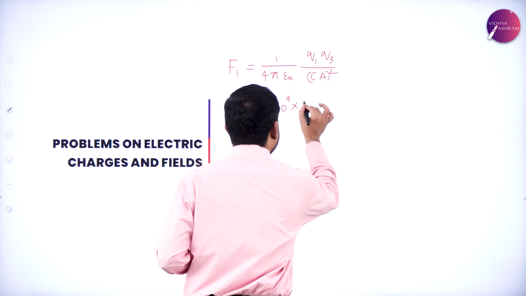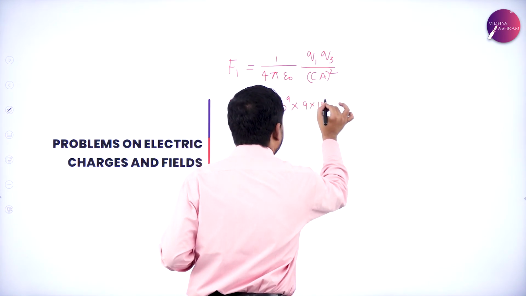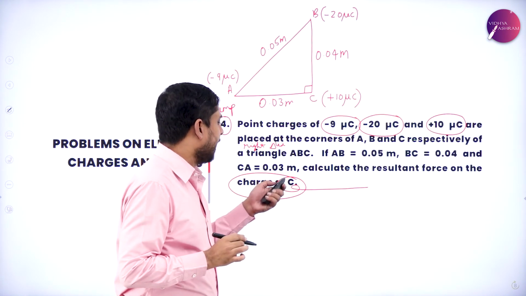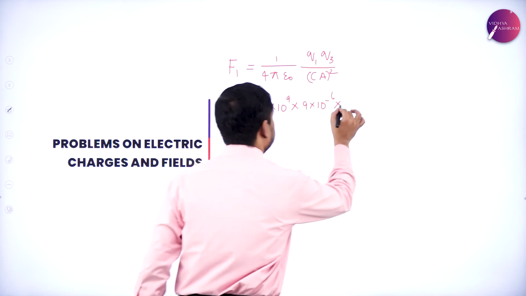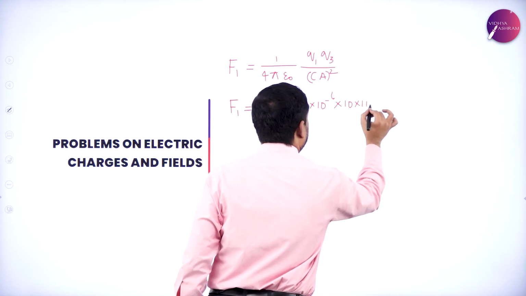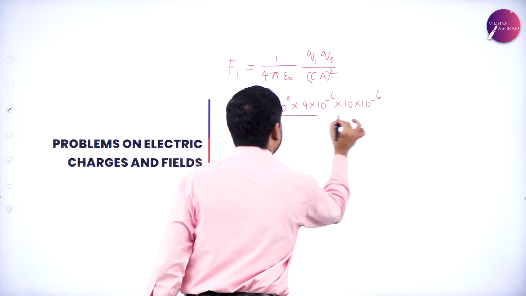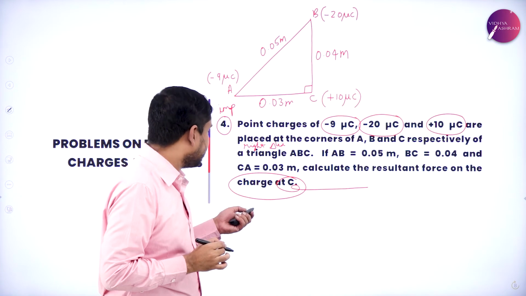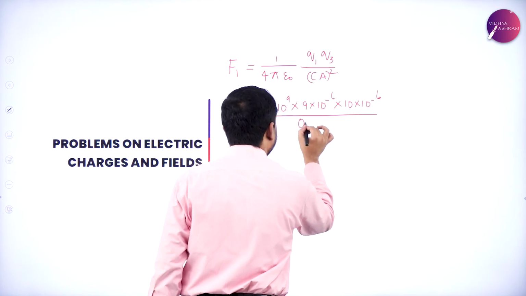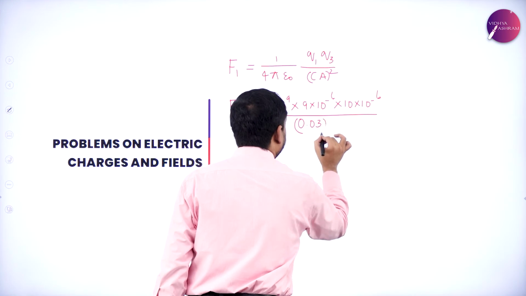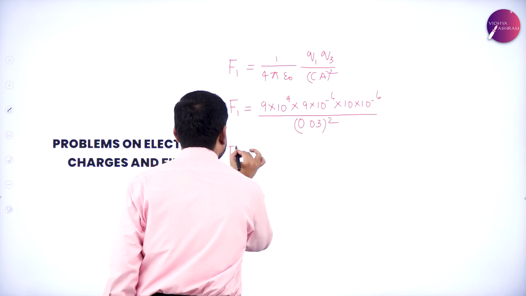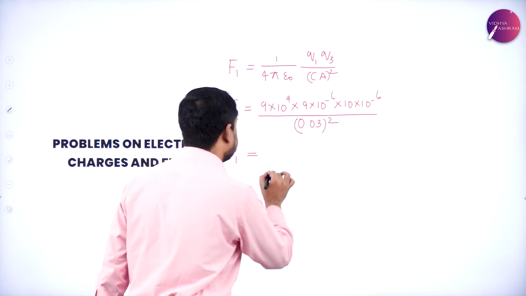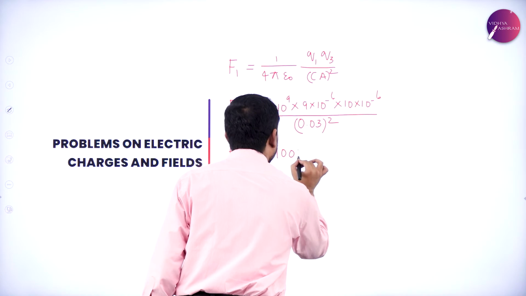So this is 9 into 10 power minus 6 into 10 plus 10 minus 6 divided by the distance 0.03 whole square, or F1 is, on simplification, 900 Newton.